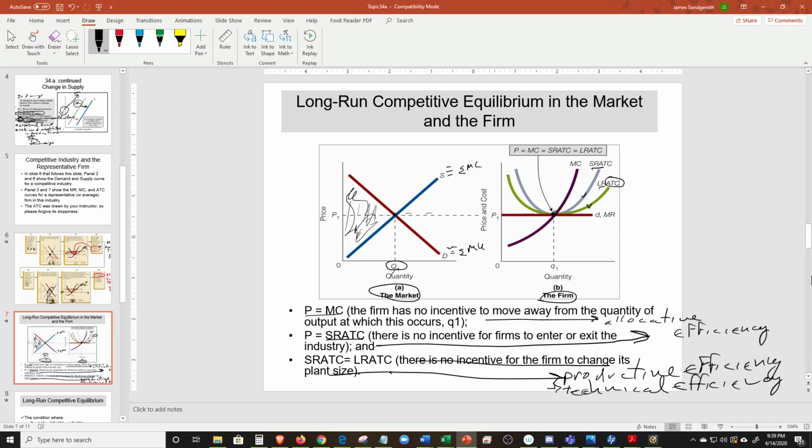In other words, not only are the resources going to where they're needed, allocative efficiency, they're being used productively. Why? Because business firms want to earn a profit. They want to go where people are willing to pay, and they want to try to use the resources they're using as efficiently as possible to make that profit, okay?